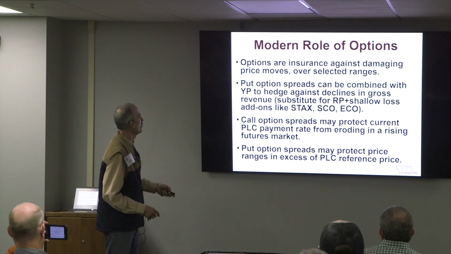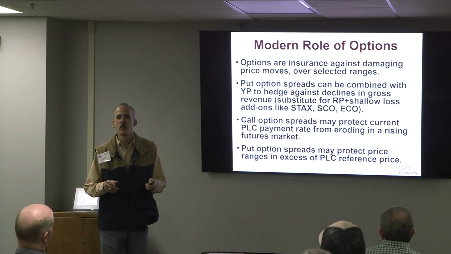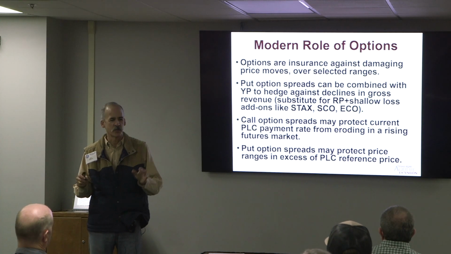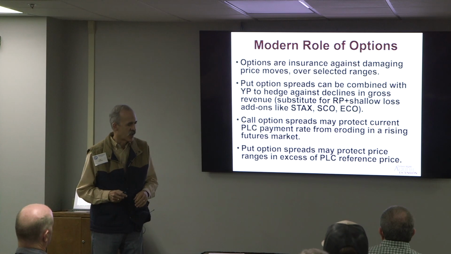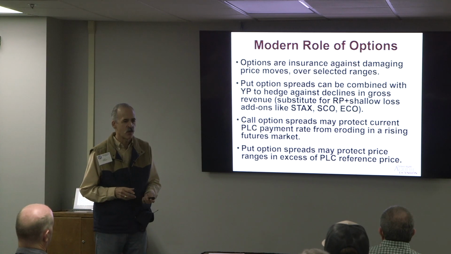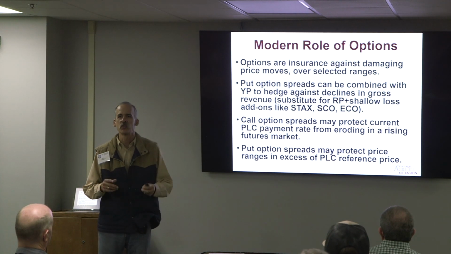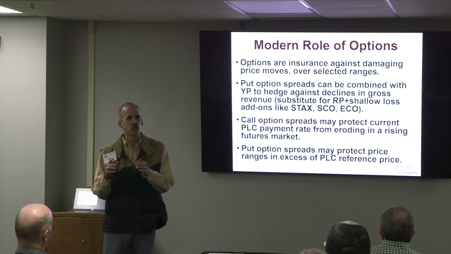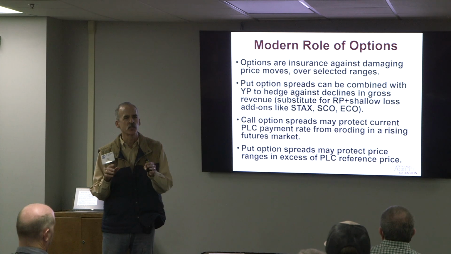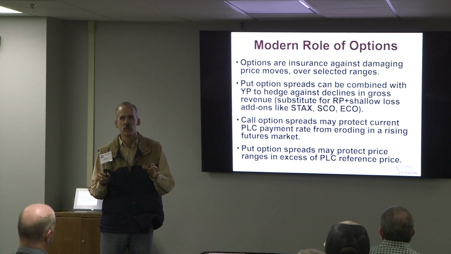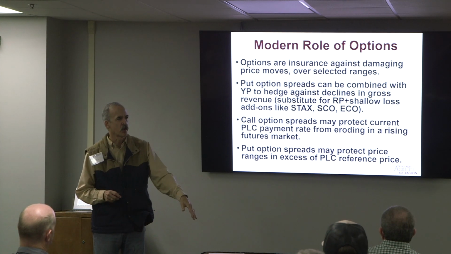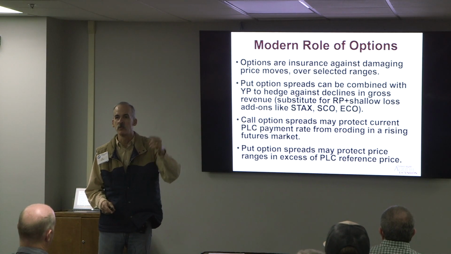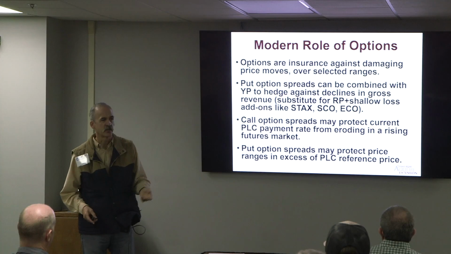This is the point I just made. The only thing I want you to think about, this isn't a conventional presentation on options, as you've probably already guessed. I'm not going to tell you how or why options work as insurance. I'm just going to assert it, and trust me, an option strategy is simply price insurance. Just think of it that way, pure and simple. It's either insurance against falling prices when you haven't sold your crop yet, or it's insurance against rising prices when you've already sold your crop and you might miss out on an opportunity.